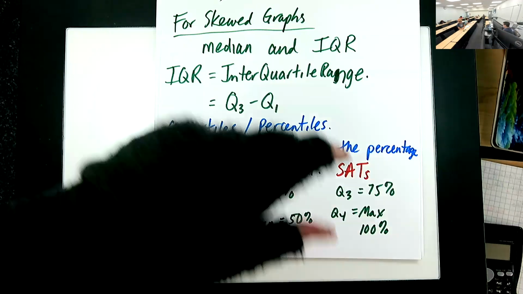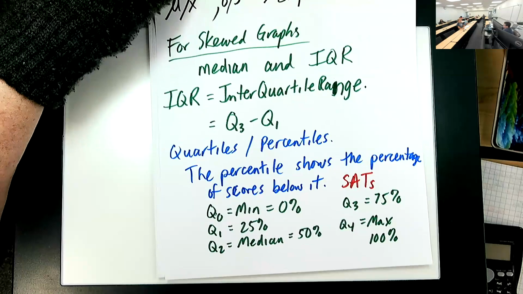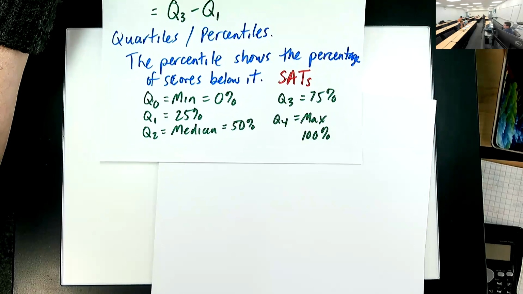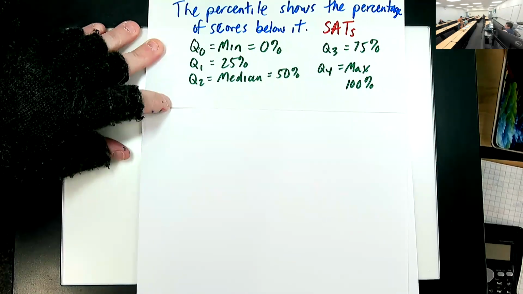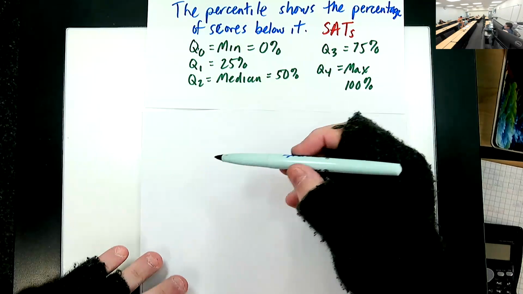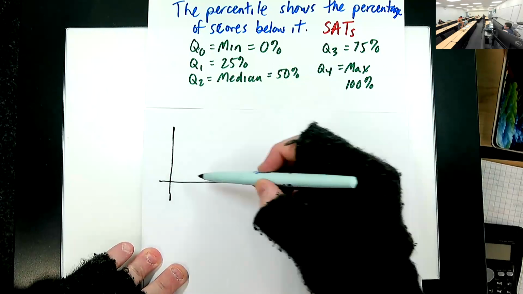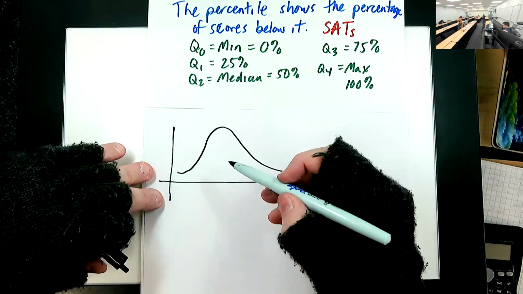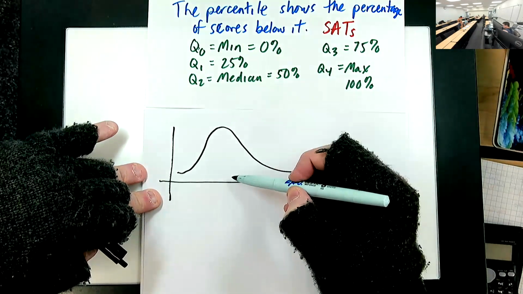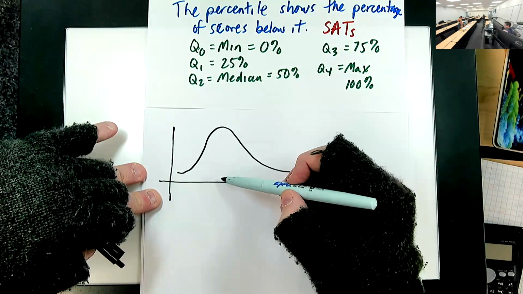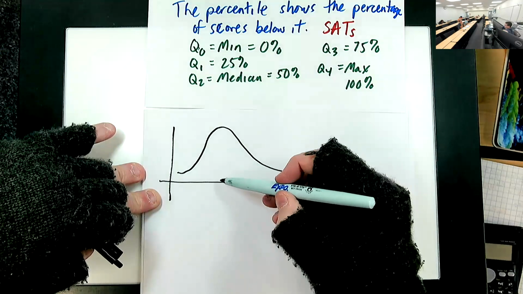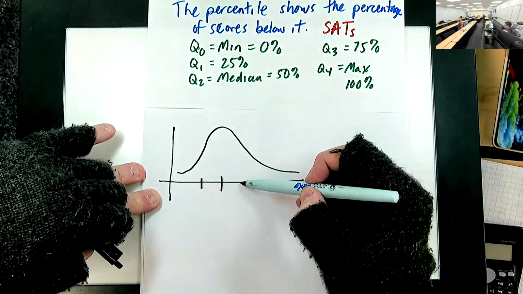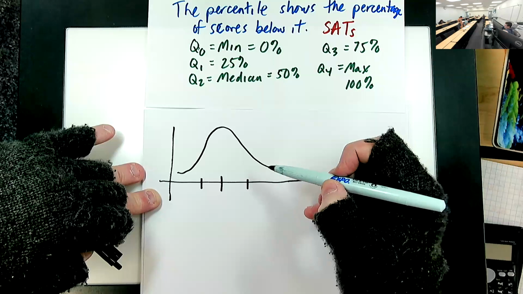So the reason why they like the IQR for the skewed graphs, for measuring the idea of dispersion, is that the median is more towards the center than the mean. It's usually to the shorter side.